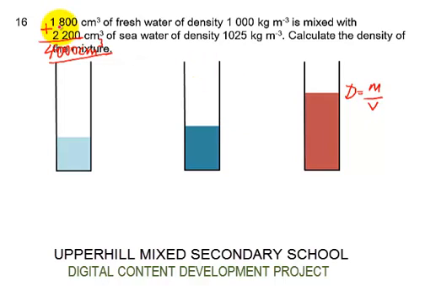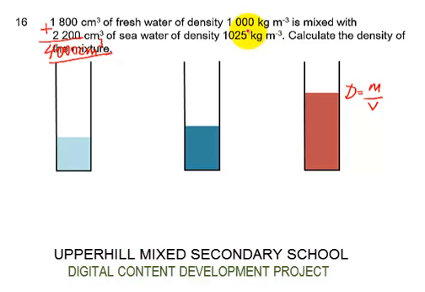Now, before we embark on any manipulation of these figures, I'd like you to observe that the volume of the liquids is given in centimeters cubed, while the density is given in kilograms per meters cubed. It's important that we use units which are homogeneous.